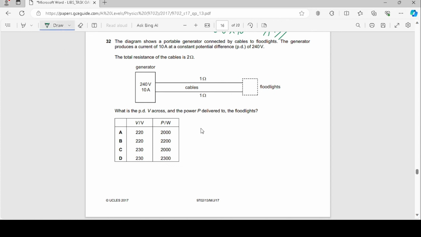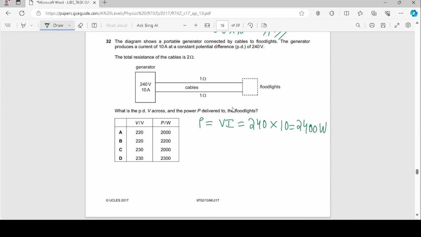So initially your input power was P equals VI. So 240 multiplied by 10, you get 2400 watts initially.